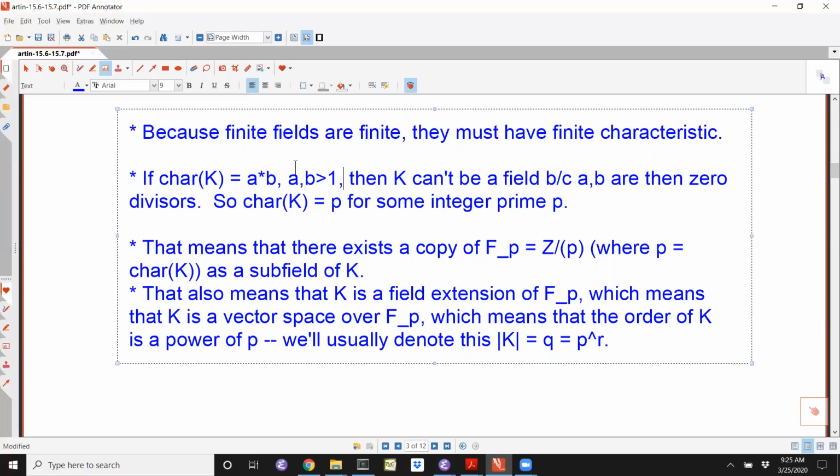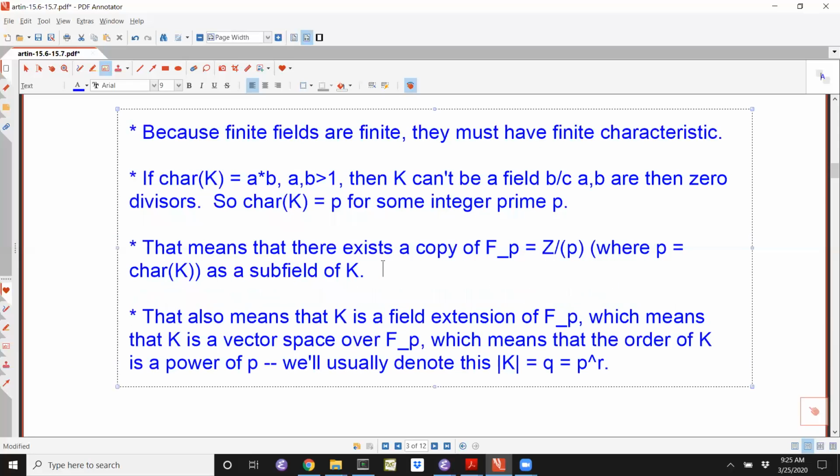Oh no, sorry, A times B will be equal to 0. My bad. And so the characteristic of K will be equal to P for some prime integer P.